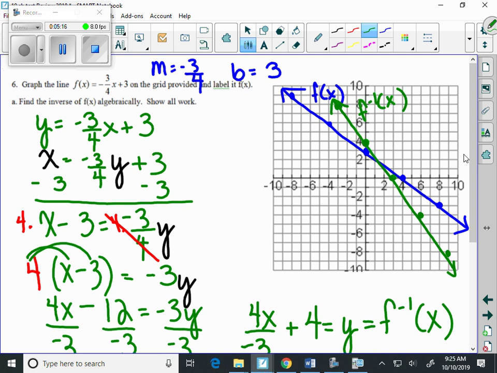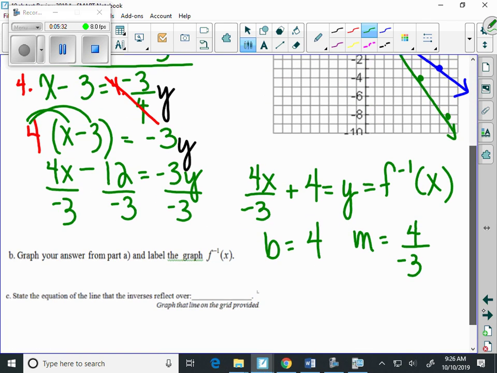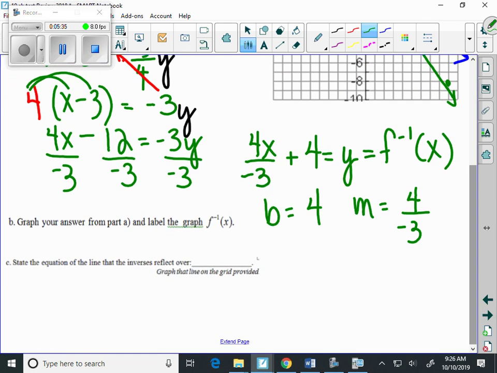So what we've graphed is the original function. We've also graphed the line, the inverse function. And then the last question says, state the equation of the line that the inverses reflect over.